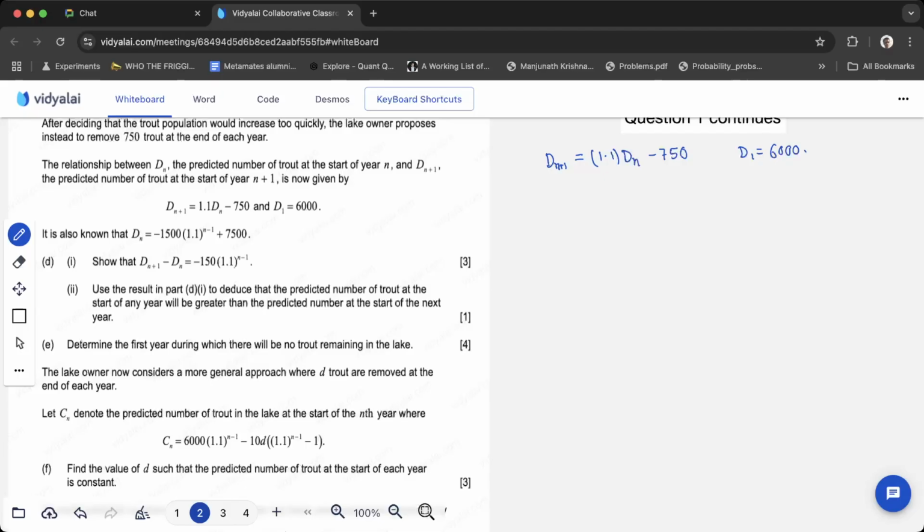And like before, in the later part we saw, the closed form expression is also given here. So let's just write all in one go. The closed form expression is negative 1500 times 1.1 to the power n minus 1. This is the exponential growth part, plus 7,500. So the first question in this scenario asks that show that dn plus 1 minus dn equals this quantity.